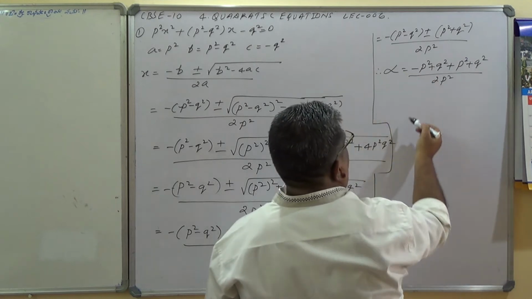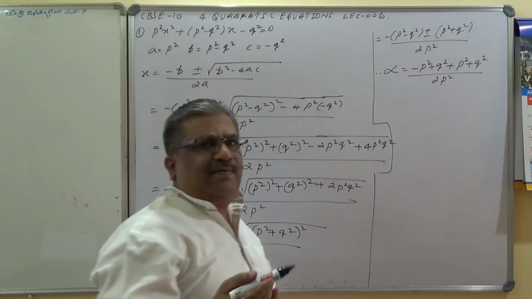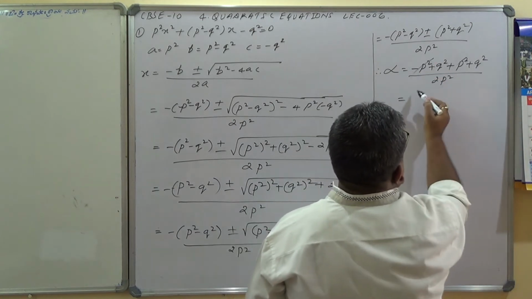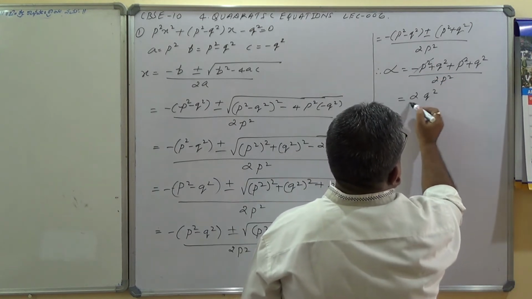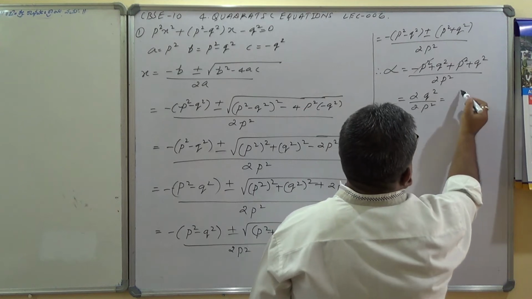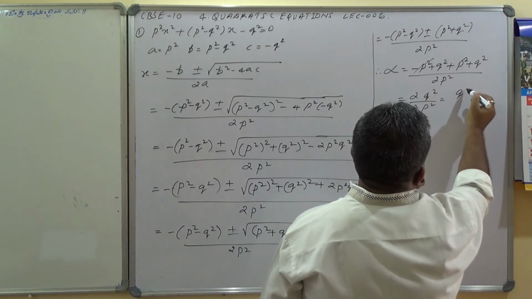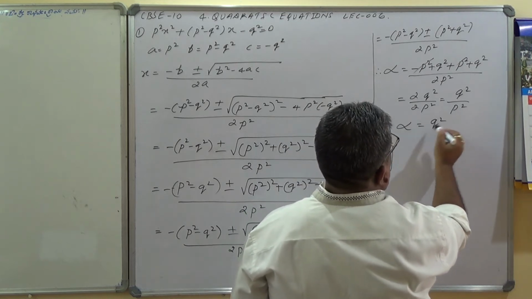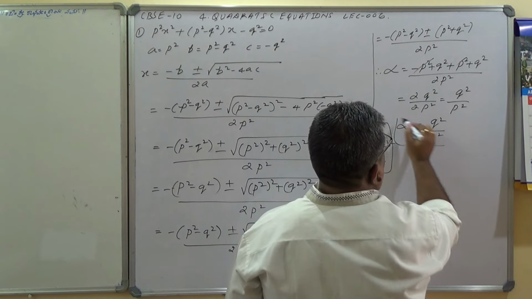This is alpha, which is nothing but one of the values of x. Therefore this cancels, 2q square by 2p square, which is nothing but q square by p square. So one of the roots is equal to q square by p square.